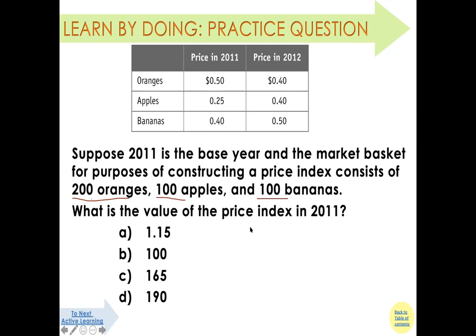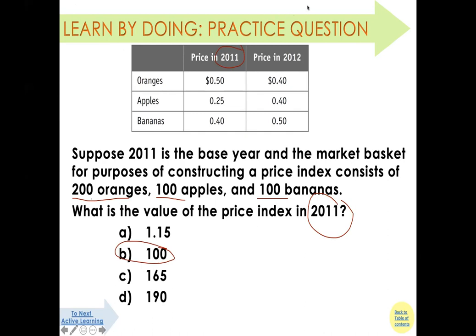Now, the question asks: what is the price index in 2011, if 2011 is used as the base year? Actually, we don't need to do any calculation. By construction, this must be equal to 100, because it's a base year. It uses the same price for both numerator and denominator.